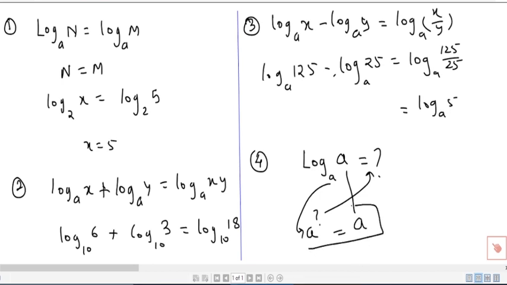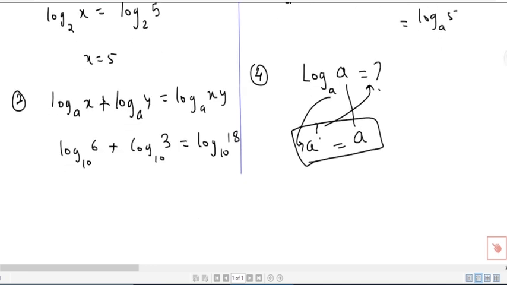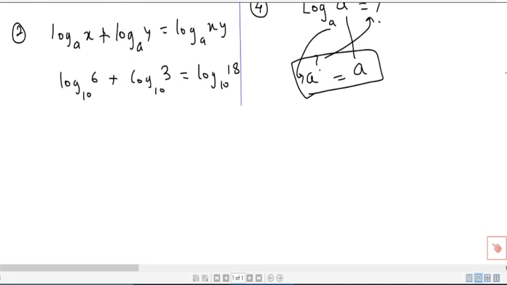Answer this question. A to the power what is equal to a? Very easy. A to the power 1 is equal to a always. So it means log at base a of a is equal to 1 always.